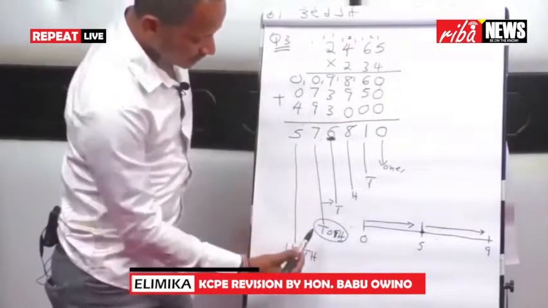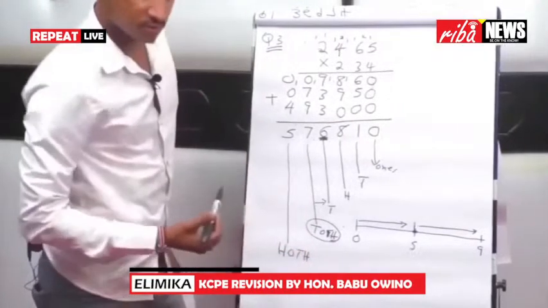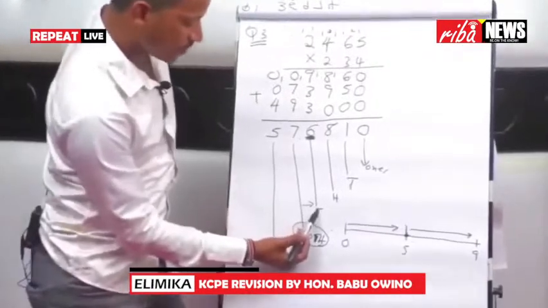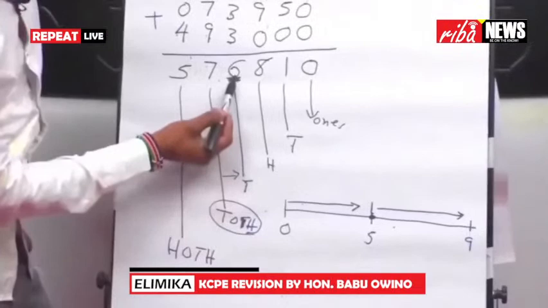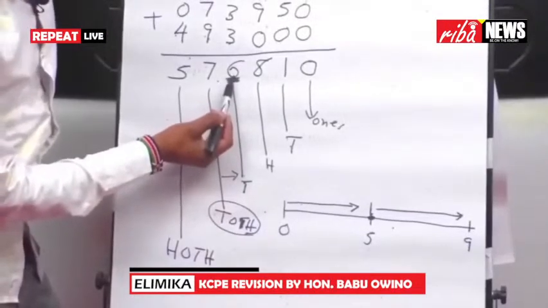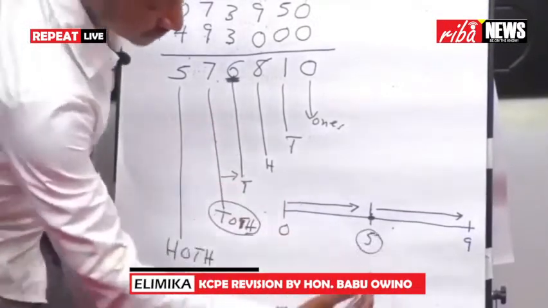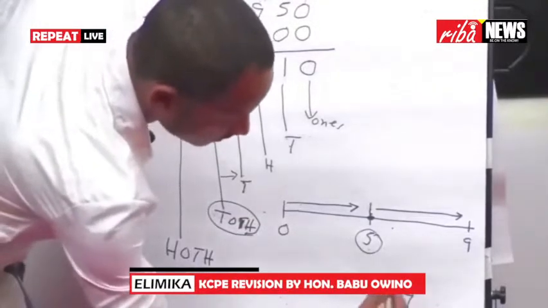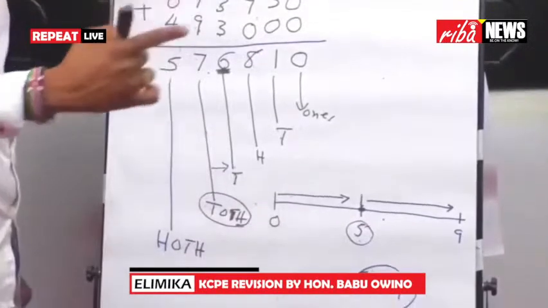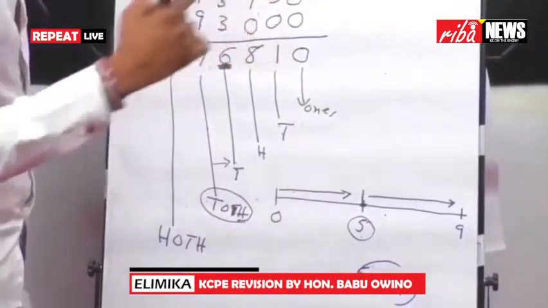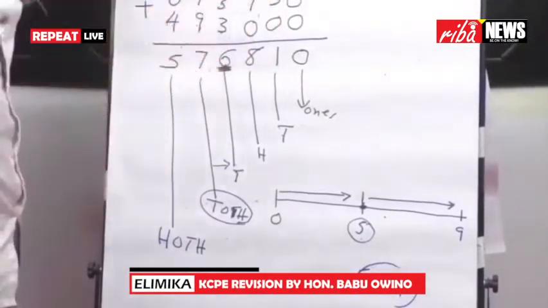Class, careful. If you are told to round off to the nearest tens of thousands, look at the number before it, which is thousands, which is 6. If this number 6 is more than 5, between 5 and 9, then when we round off, we move to the next place value. So the next place value, we add 1.